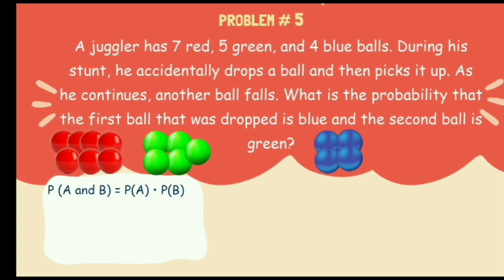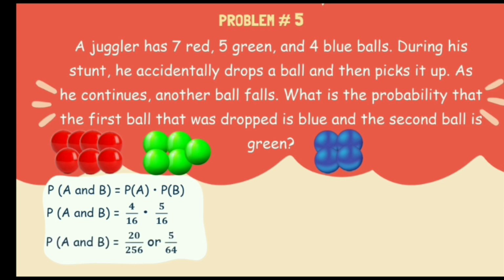Substitute the given 4 over 16, 4 refer to the blue balls and 16 refer to the total number of balls. Multiply by 5 over 16, 5 refer to the green balls. Now, let's solve the equation. 4 multiplied by 5 is 20. 16 times 16 is 256.